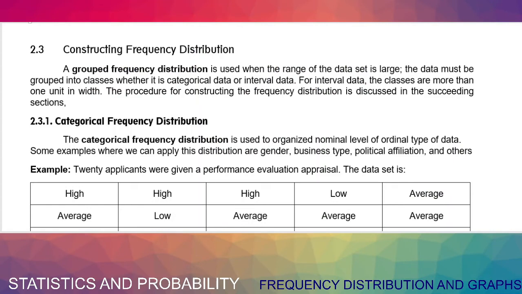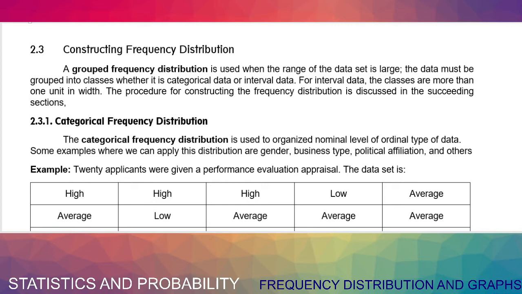So, constructing frequency distribution. A group frequency distribution is used when the range of the data set is large. So, the data must be grouped into classes, whether it is categorical or interval data. For interval data, the classes are more than 1 unit in width.